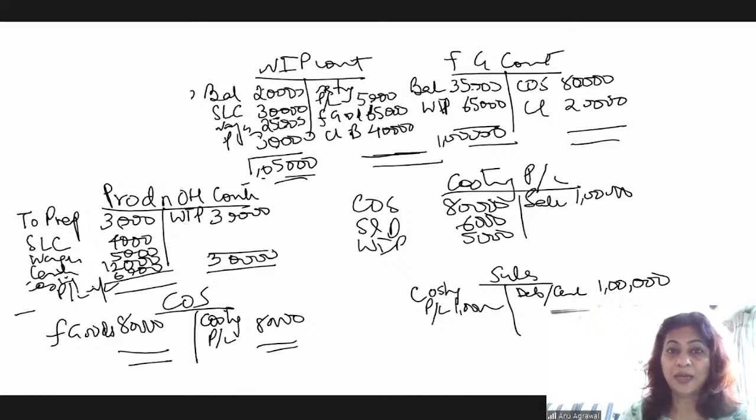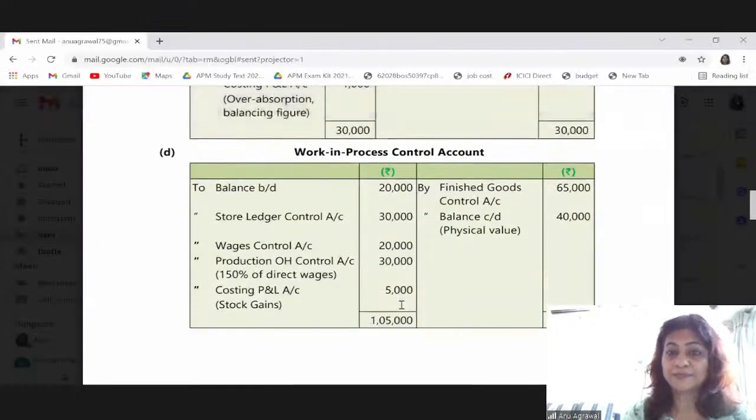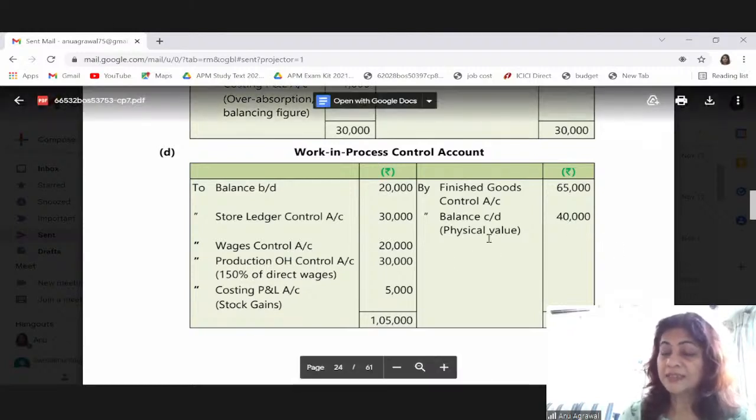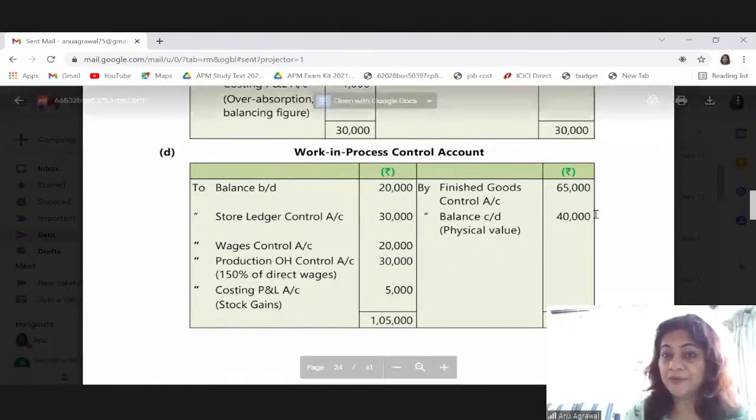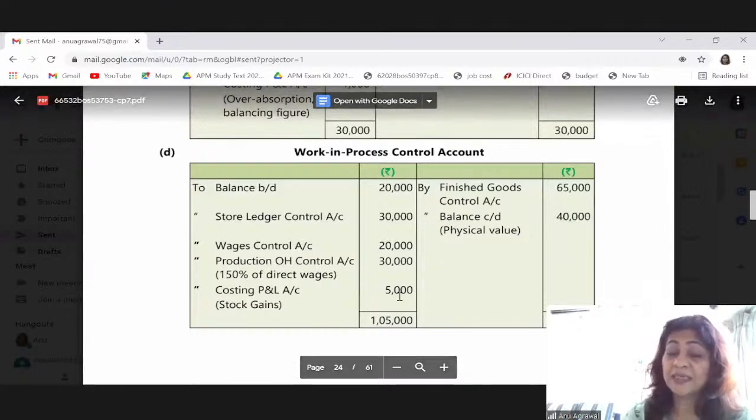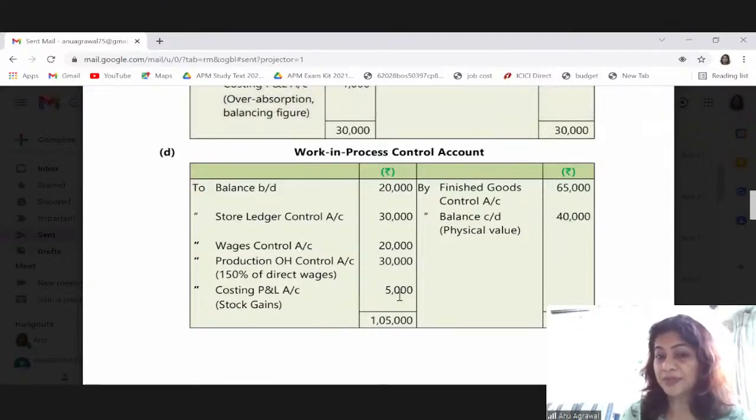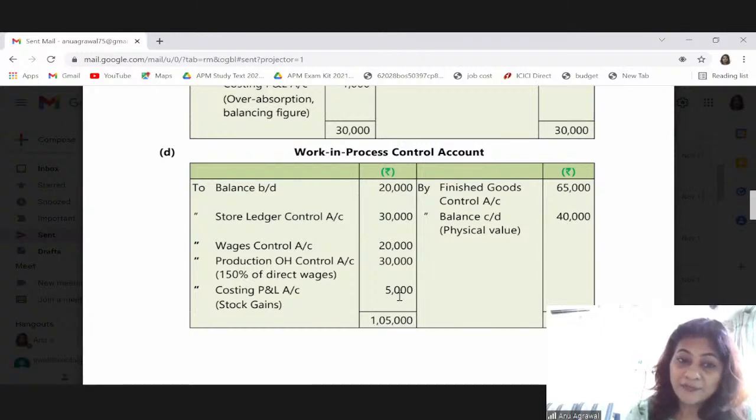So one thing we are clear about this idle time. Now coming up to the next thing. WIP control account. We transferred this 40,000 as a physical value. If we take up the physical value as a closing balance, there was a difference of 5,000 coming up, right? Now the difference of 5,000, they have put in where?